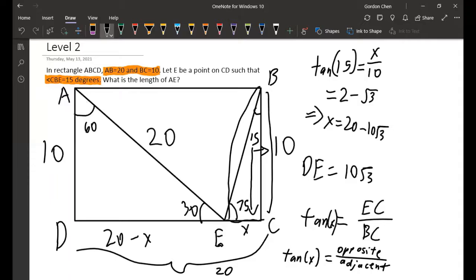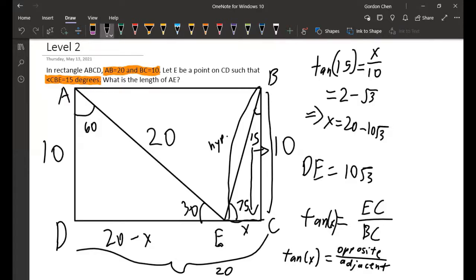And this one is called the hypotenuse, which I won't write out the full thing because it's a bit long. And we have that tangent of 15 is 2 minus square root of 3, and it's also x divided by 10. So we have that x equals 20 minus 10 root 3.